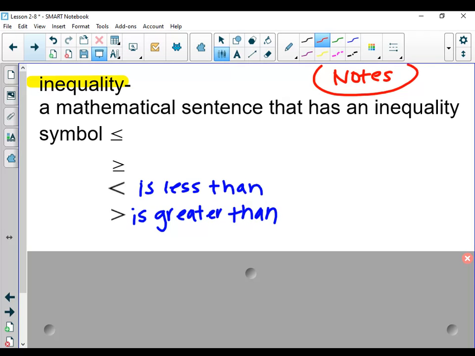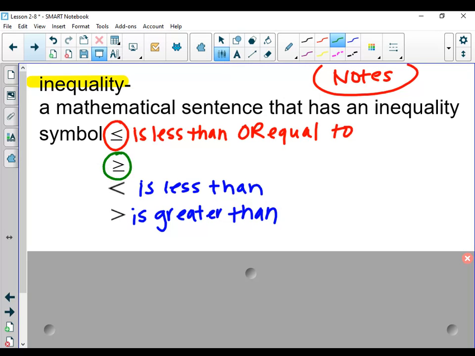If an equal sign met an is less than sign, it would look like this. A greater than mixed with an equal sign looks like this one. Pause when you need more time to write this.